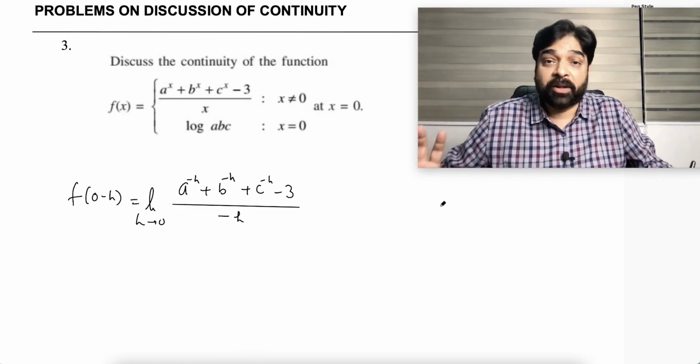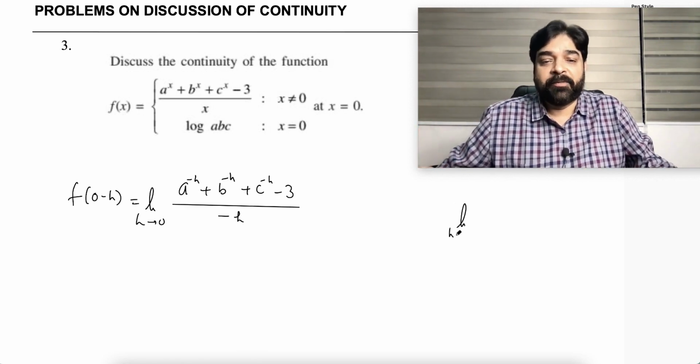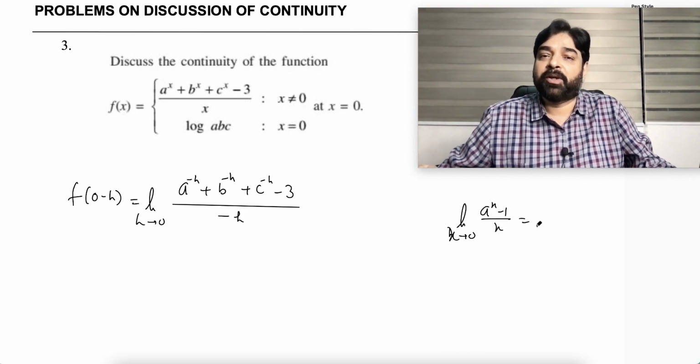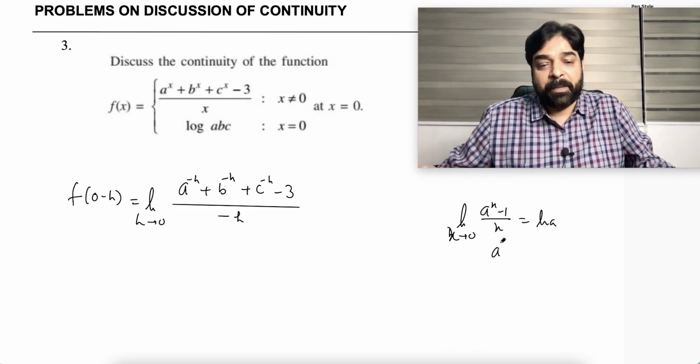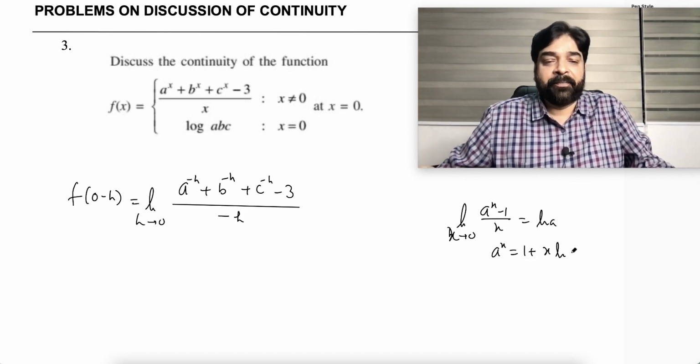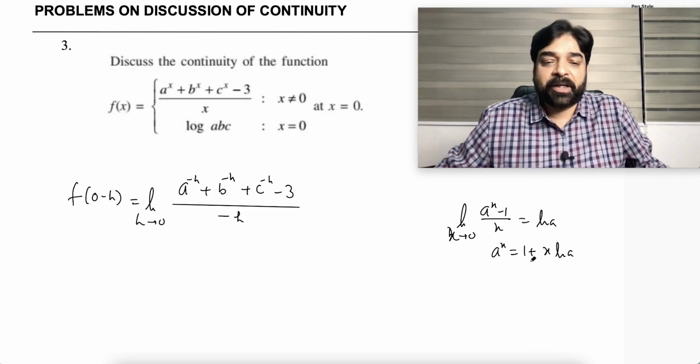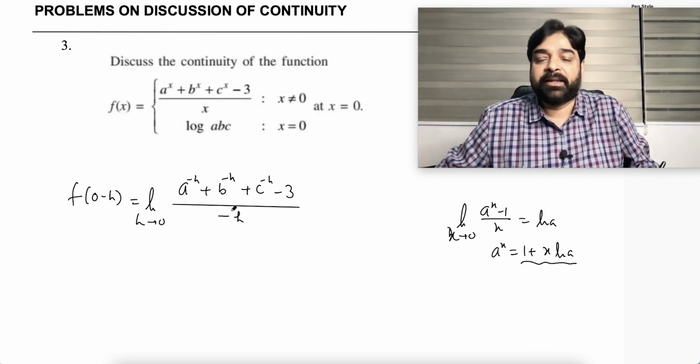Now try to recall the limit. What I told you, the limit formula says limit x approaches 0, a power x minus 1 by x equal to ln a. So a power x I can write as 1 plus x ln a. That's easier, because then solving the limit will be very easy.